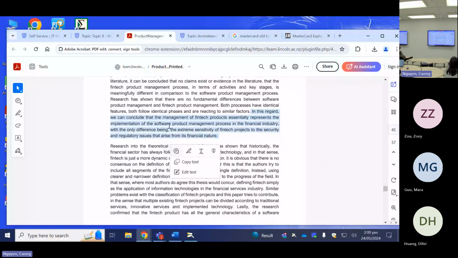Remember software development from 636, where you already know the waterfall and so on for software product management.